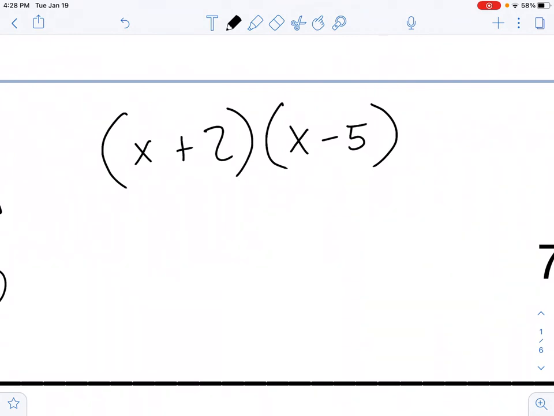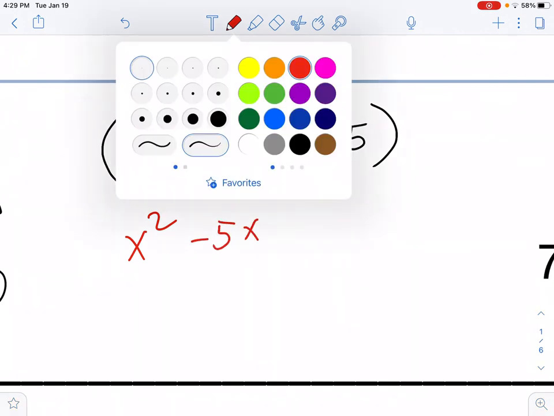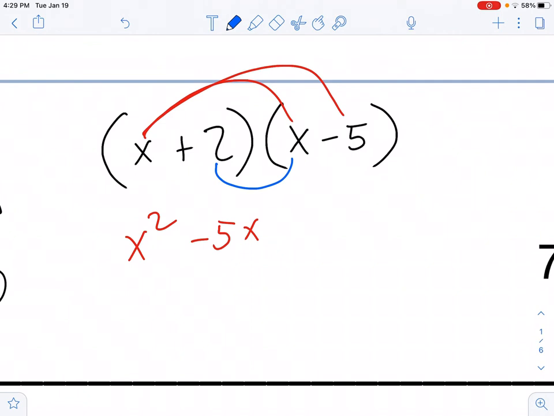These are two binomials, and they multiply up however way you like to do it, the box or the double distribution or the expanded. So we do x times x to get x squared, and x times negative 5 to get negative 5x. And then 2 times x to get positive 2x, and 2 times negative 5 to get negative 10.